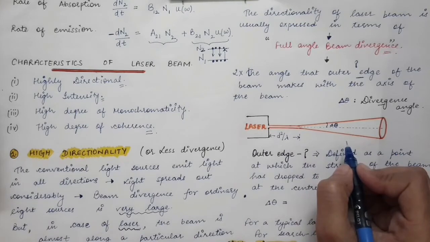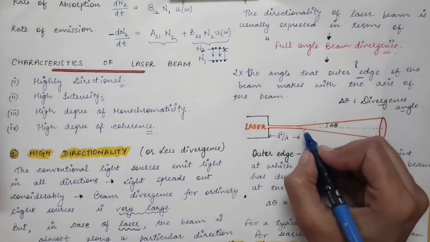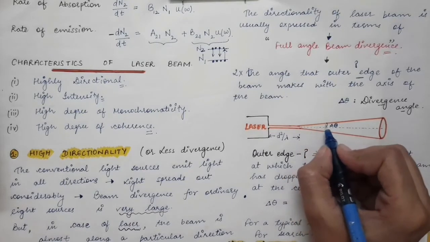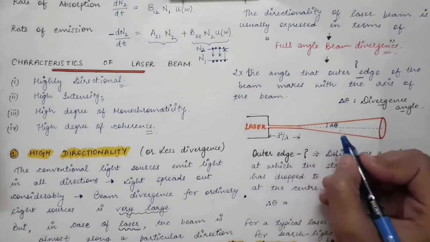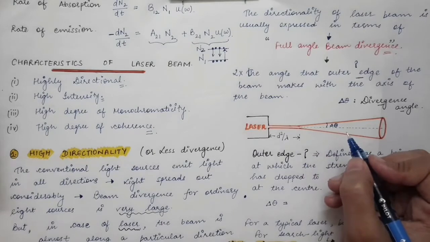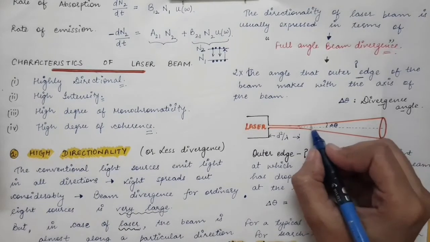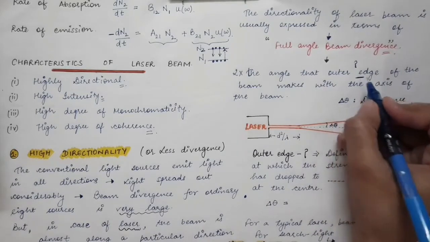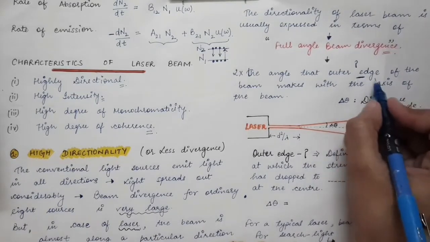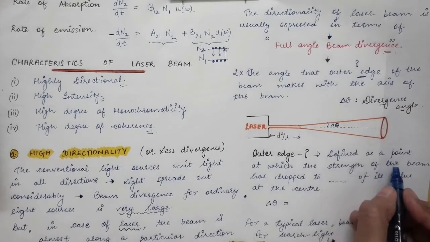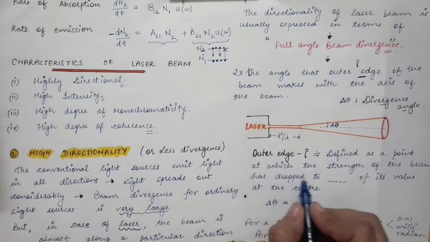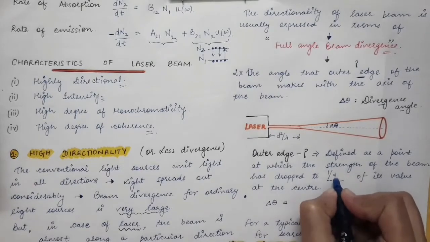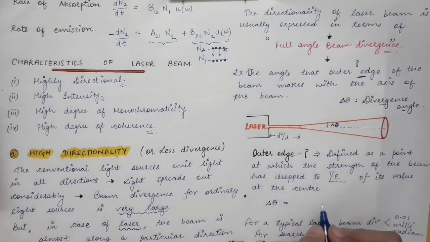So there is a divergence. The light which is diverging will not make a sharp edge, so we cannot define a sharp edge of the laser light. So we define the outer edge of the beam as the point at which the strength of the beam has dropped to 1 by e of its value at the center.